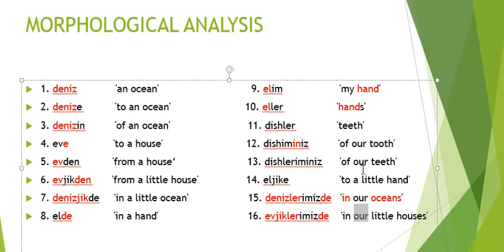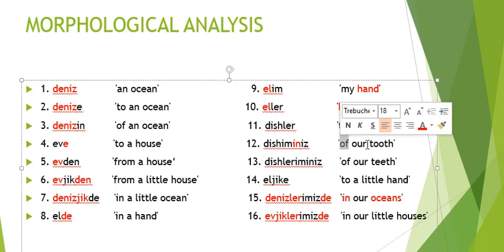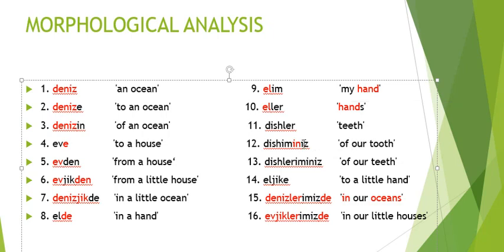Okay, so we know now that our is imiz, but let's look at this carefully. We can see here that in is inside the possessive pronoun imiz. So there must be a rule here. When you combine prepositions with a possessive pronoun, the preposition is going to be inside the possessive pronoun.